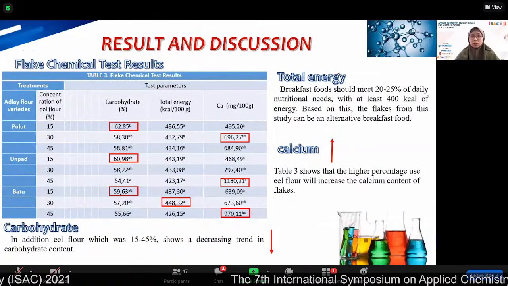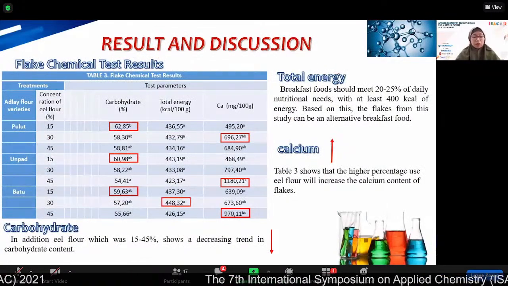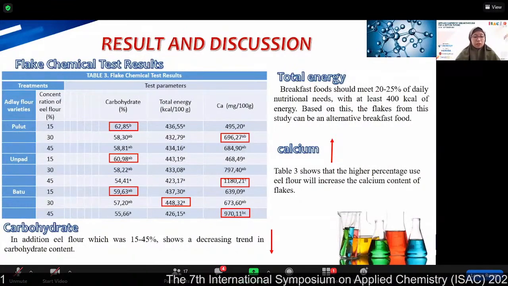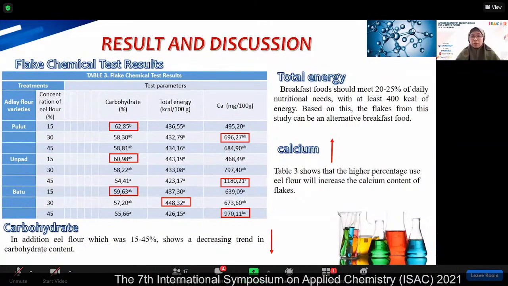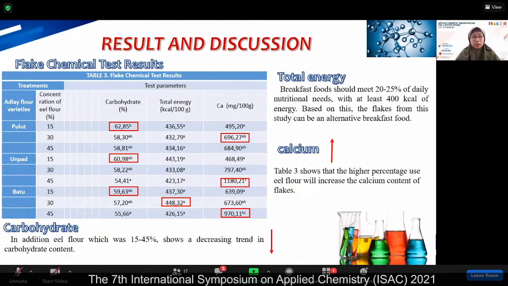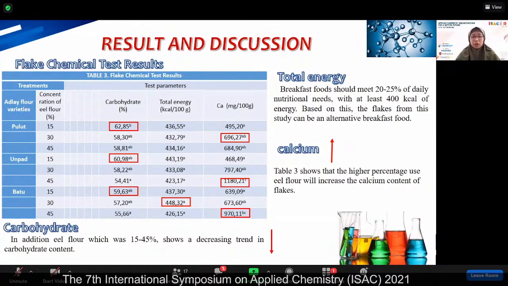And carbohydrate: with the addition of eel flour, from 15 until 45%, shows a decreasing trend in carbohydrate content. And total energy: breakfast food should meet 20 until 25% of daily nutritional needs, with at least 400 kilocalories of energy.